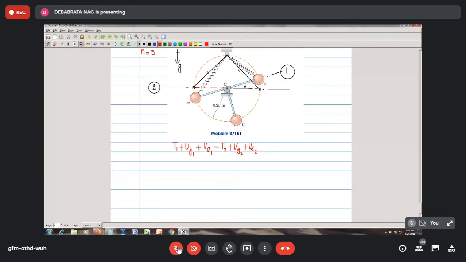Now we note that if I consider position 2 as my datum, I take this as my datum. And we note from here that when theta equals 0, it takes this geometrical shape. That means the springs attain their normal lengths. The lengths of the two springs are equal, and they are uncompressed or unextended at this position.